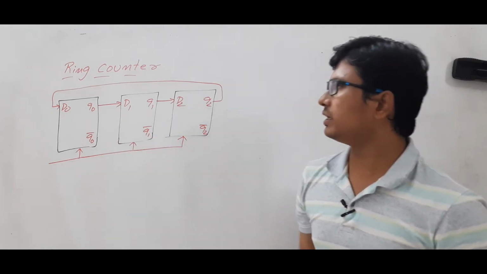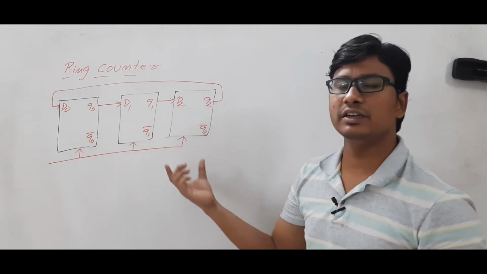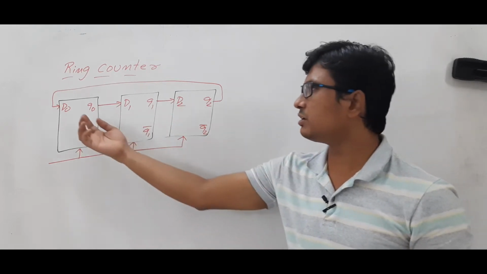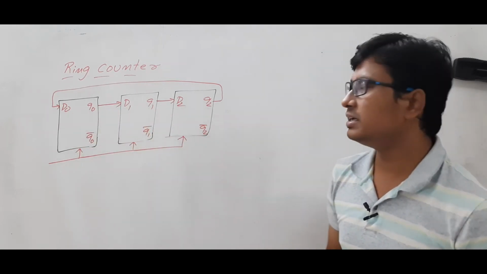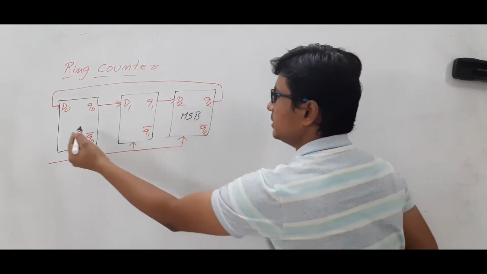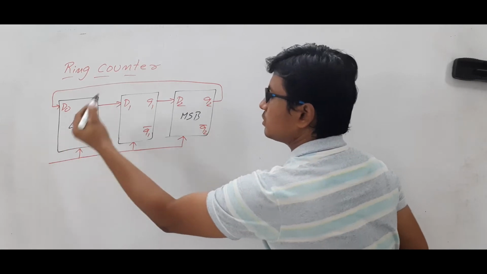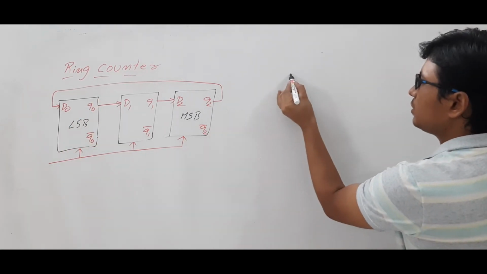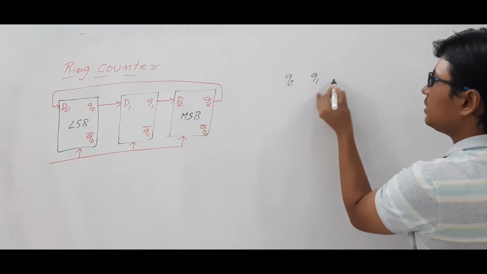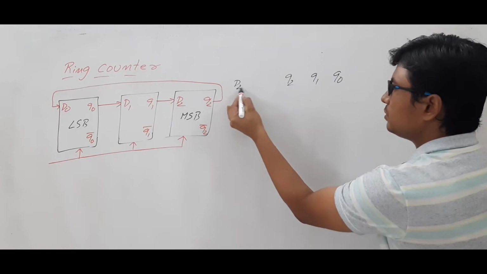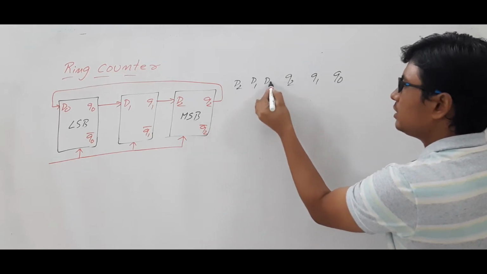Now if you look, I have taken 3 D flip-flops: D0, D1 and D2. What is the meaning of this D0, D1 and D2? This is the MSB and this is the LSB. Is it clear? That is what I want to point out. So you have Q2, Q1 and Q0, and then you have D2, D1 and D0.